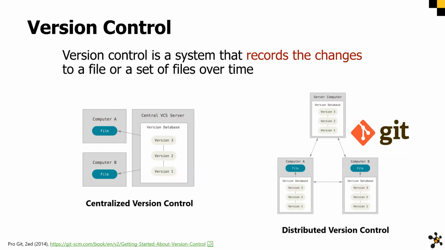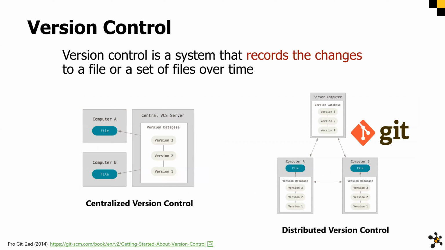So what is Git? Git is a version control system, and version control is a system that records the changes to a file or a set of files over time. There are two kinds of version control systems. One is where the whole library lives on a central server, and you check out the files that you want to update, do the updates, and push them back to the central server.